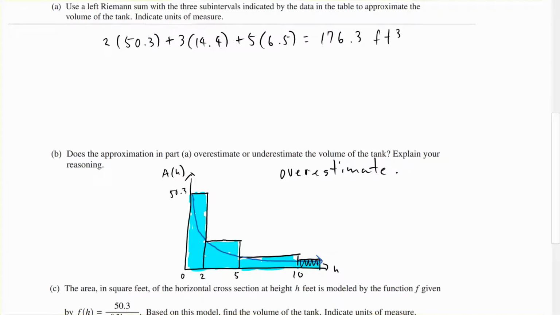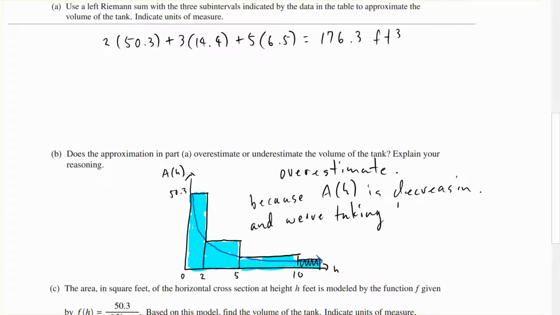So this is an overestimate because A of h is decreasing, and therefore that means that, and we're taking the left-hand Riemann sum.